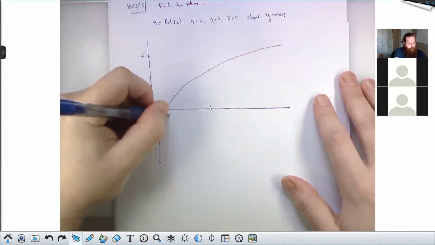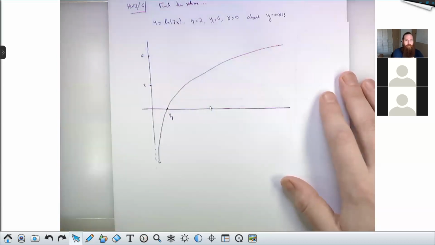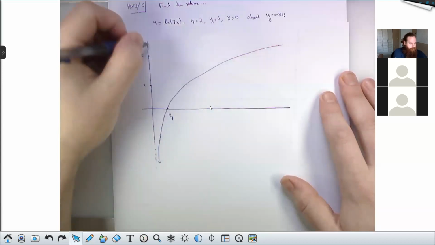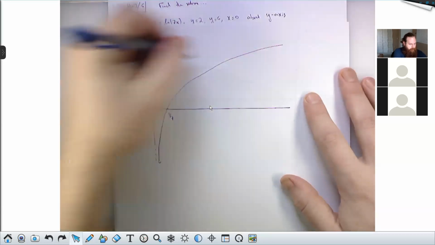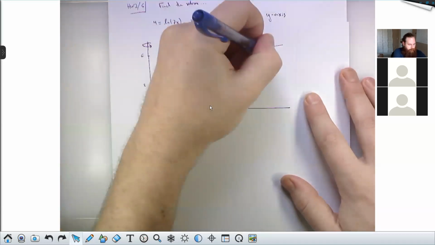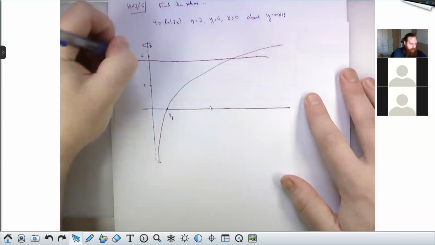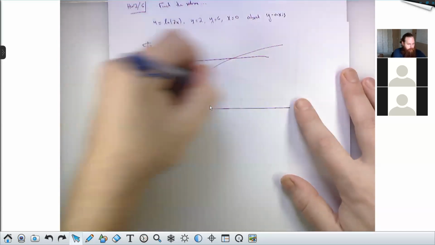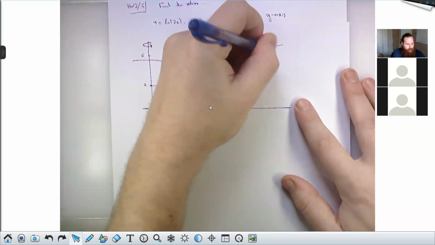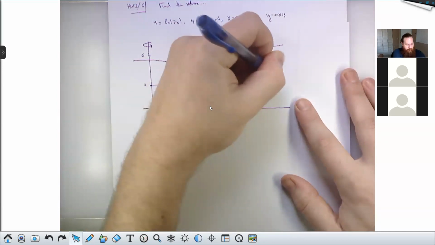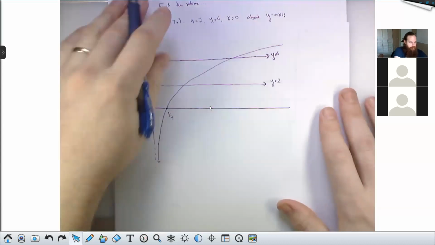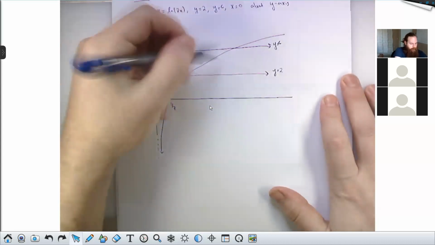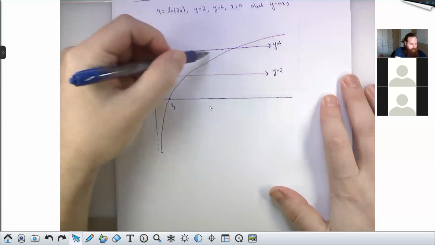This is still 1/7, comma 0. I'm not even sure that's going to be relevant. We want to rotate about the y-axis. So between 2 and 6, this is my region. All right, so here's the line y equals 6. Here's the line y equals 2. And the line x equals 0, that is the y-axis. So my region is this region.